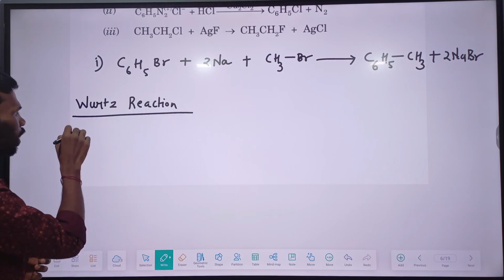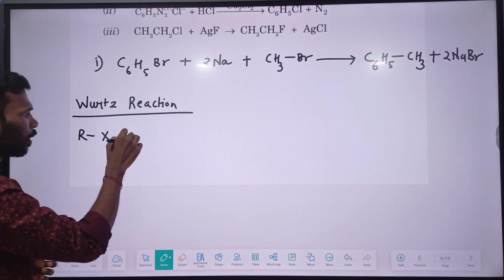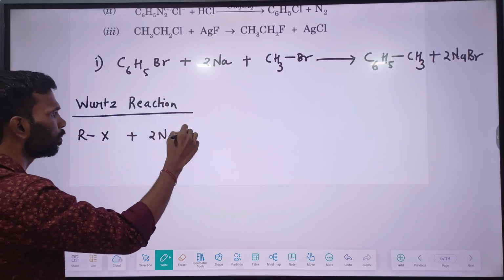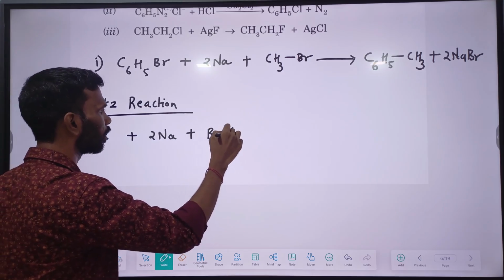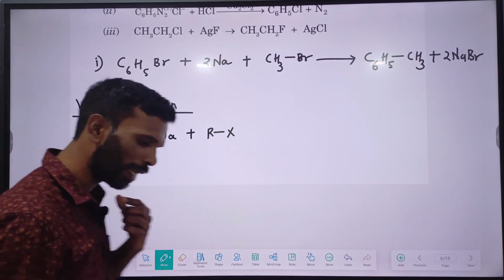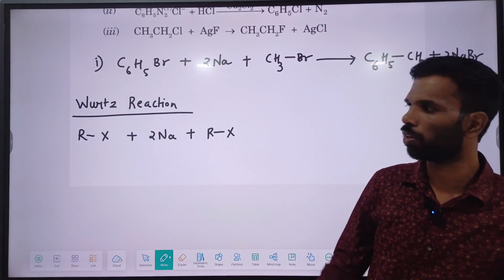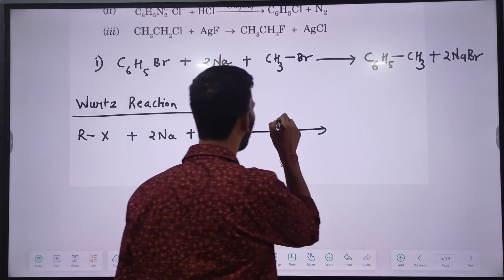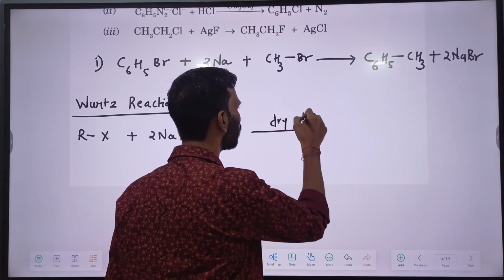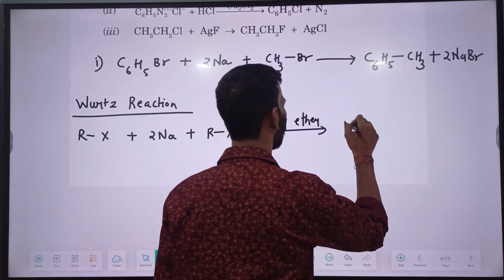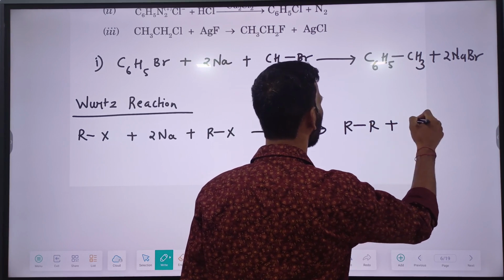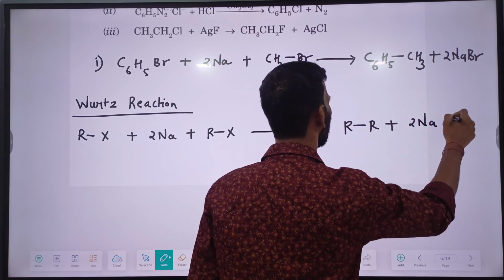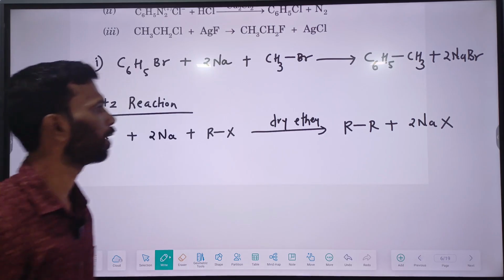The reaction goes this way: alkyl halide plus 2 moles of sodium and again alkyl halide. You can write the alkyl halide 2 times separately, I'll just put 2RX, in the presence of dry ether, you get R-R plus 2 moles of the sodium halide.